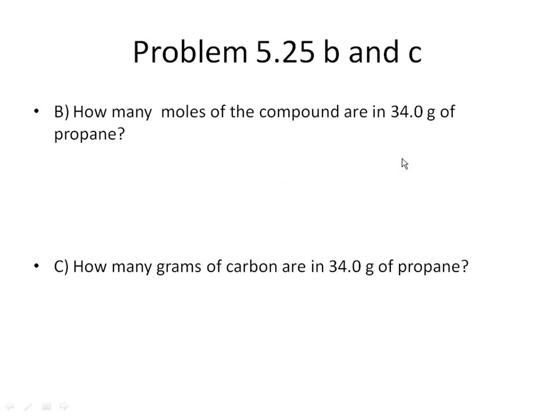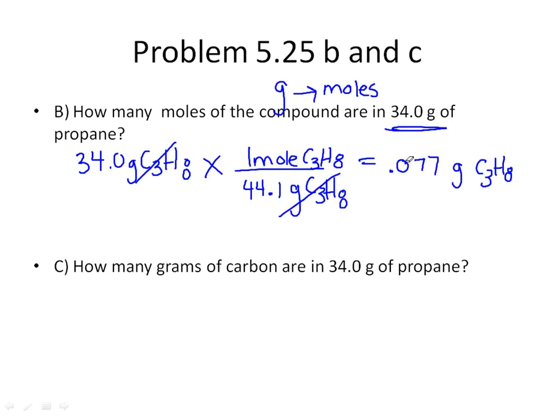Sorry about that, I accidentally put in 3.40 grams instead of 34.0. Caught my mistake here. So if we divide 34.0 by 44.1, and we're looking for 3 significant digits, then we would get 0.771 moles of C3H8.